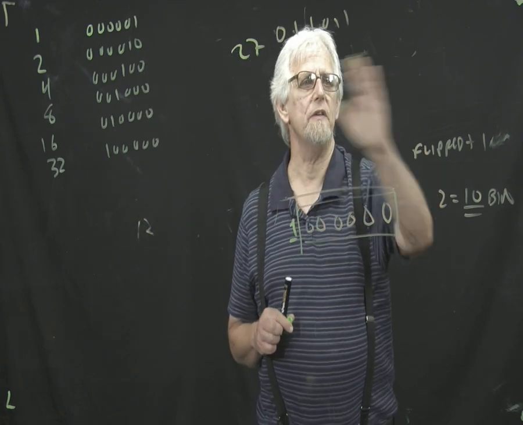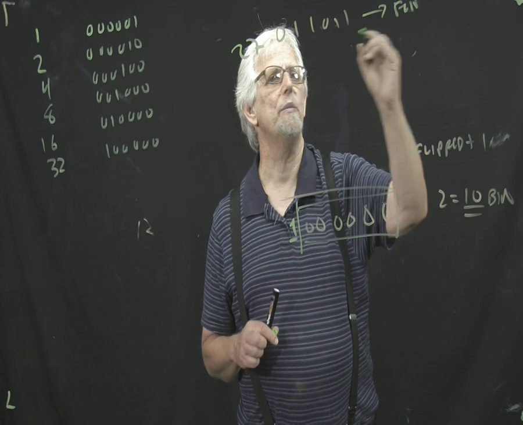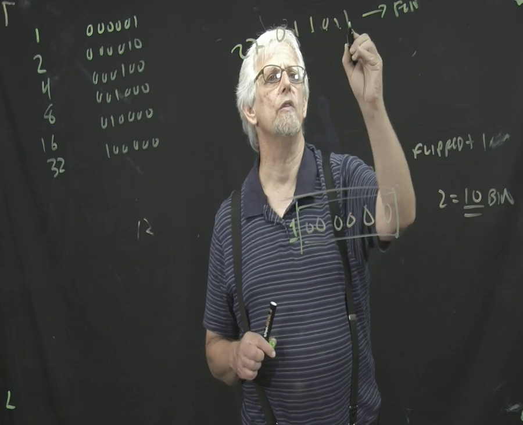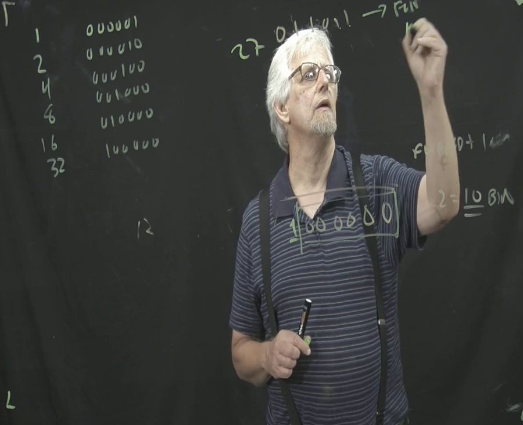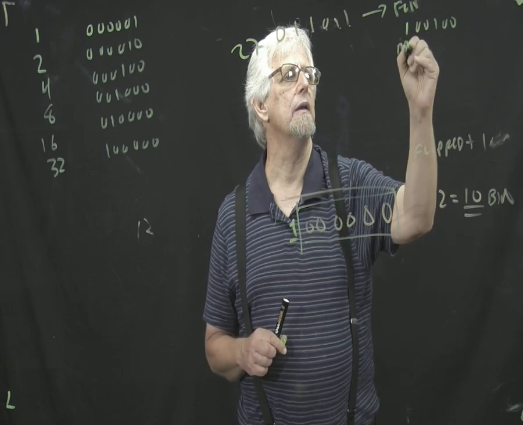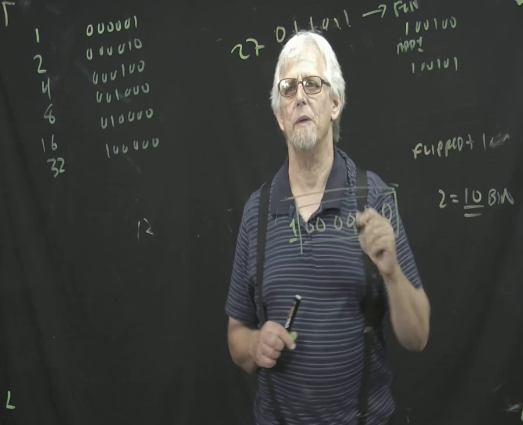Let's try flipping it. Flip is going to make 1, 0, 0, 1, 0, 0. Add 1, 1, 0, 0, 1, 0, 1. That should be minus 27.